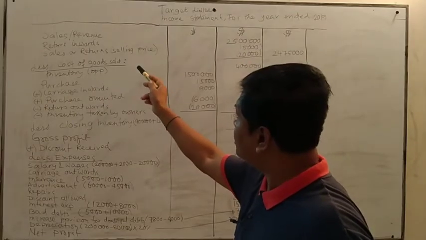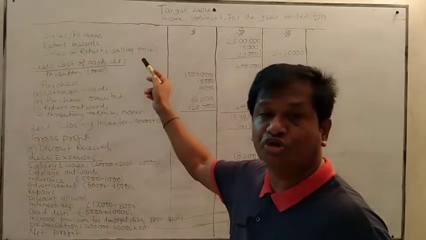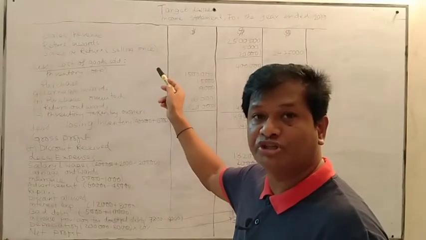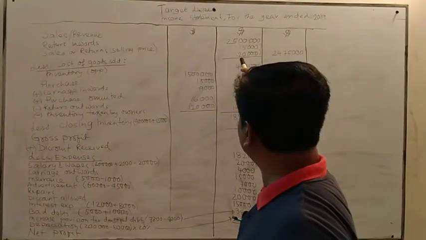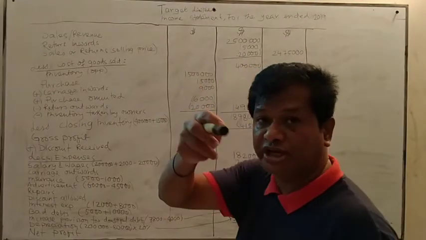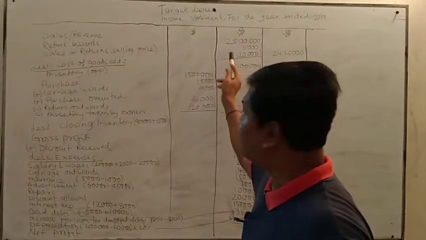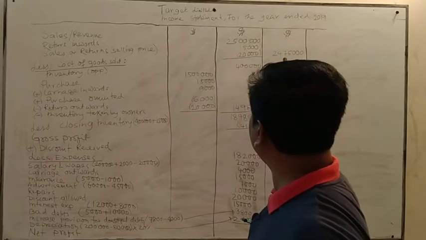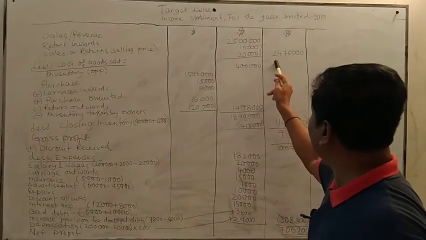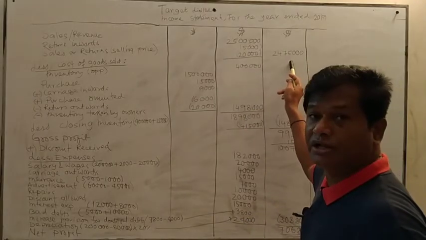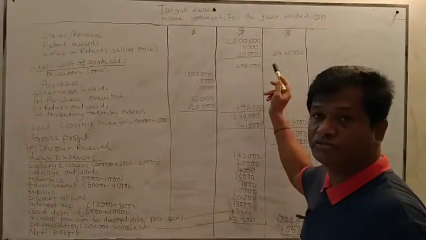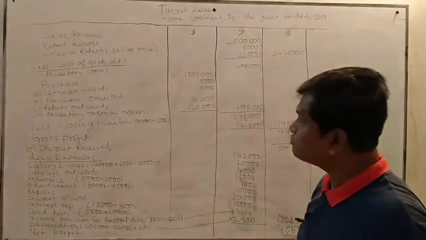Again sales on return basis also is to be subtracted. 20,000, you check it, 20,000 the adjustment. It is to be subtracted from the sales. The figure you got, the net figure, is to be written in the outer column. That is 24,75,000. This is the net sales.